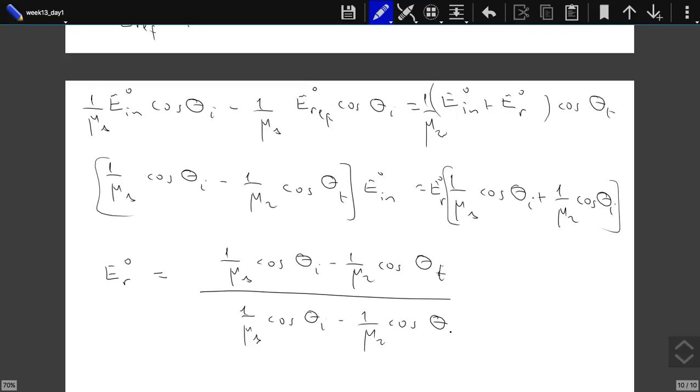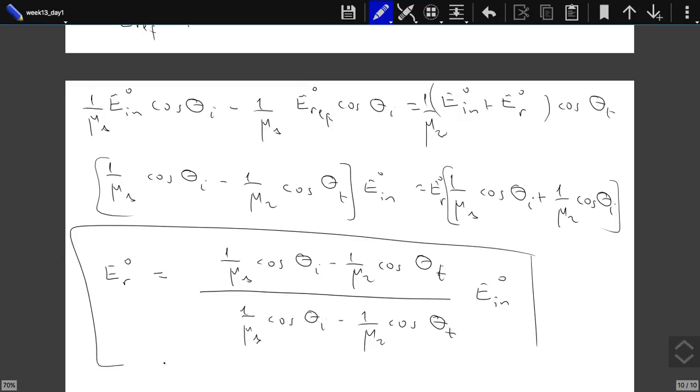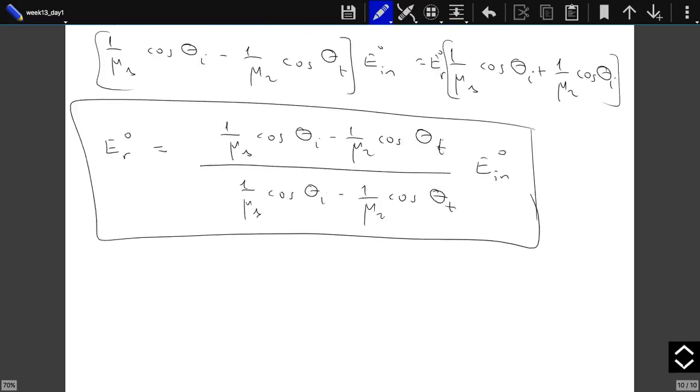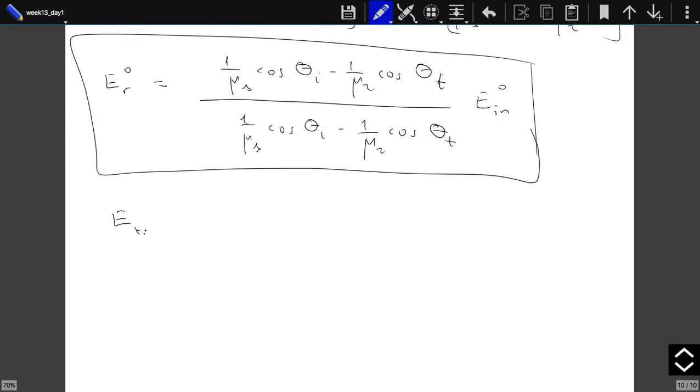Yeah, this is transmitted. So we know how much of the wave will be reflected. Now the transmitted is just E reflected plus E incident.